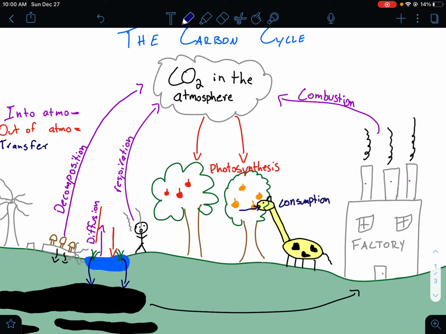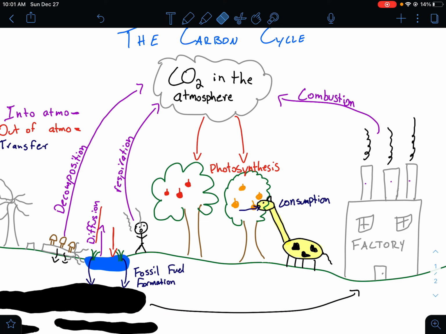That organic matter starts to stack up, and then eventually it gets buried, and over millions and millions of years and tons of heat and pressure, we can actually get fossil fuels to form from this. So I'm going to call this fossil fuel formation. There we go.